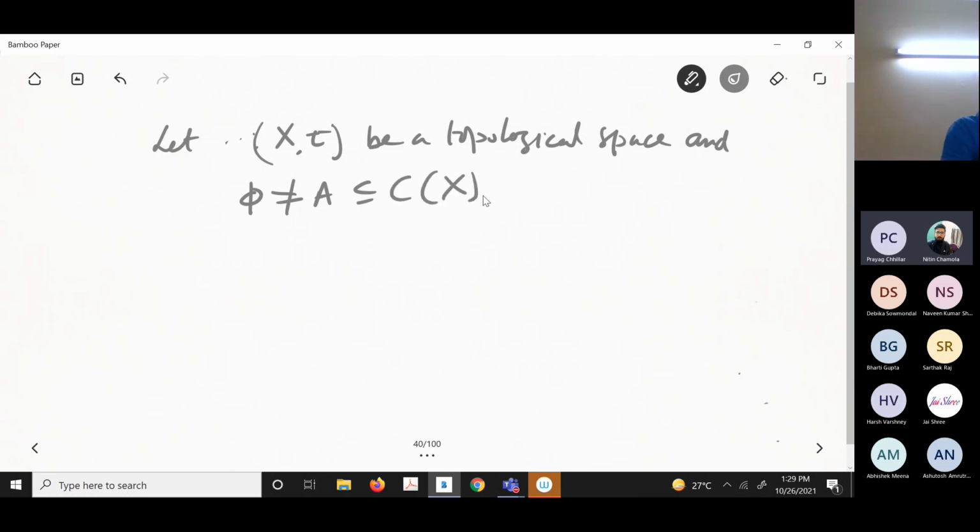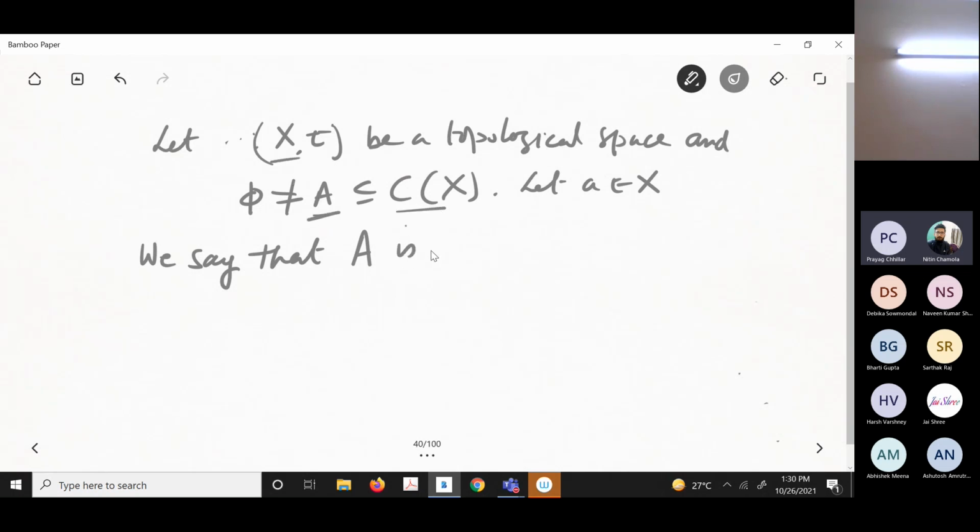Right, now for equicontinuity, I don't need any metric on that. Okay. So let A belongs to X. In the notes you'll find that we say that A is a collection of functions.